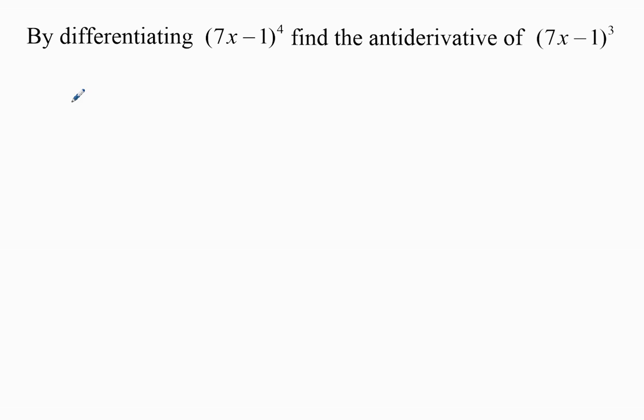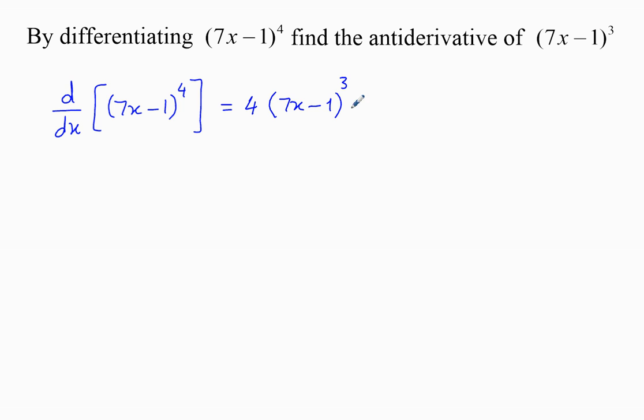So the derivative with respect to x of 7x minus 1 all to the power of 4 is, remember that the derivative of a bracket using the chain rule, that would be 4 times 7x minus 1 all to the power of 3 multiplied by the derivative of what's inside the bracket, which is 7. And this can be written as 28 times 7x minus 1 all to the power of 3.